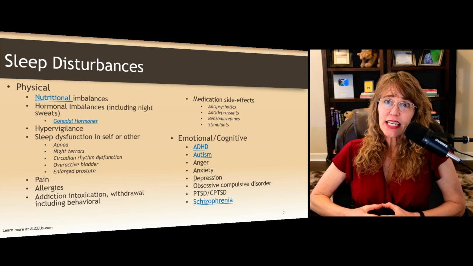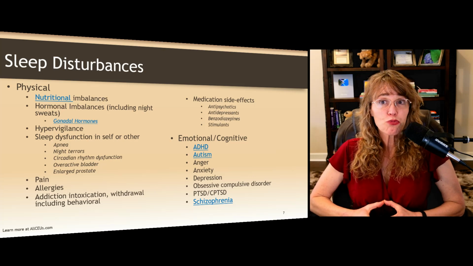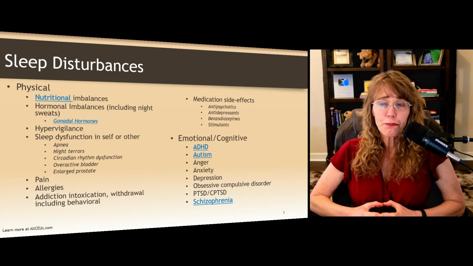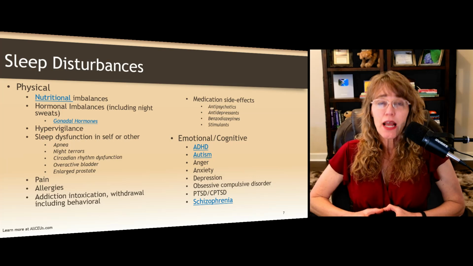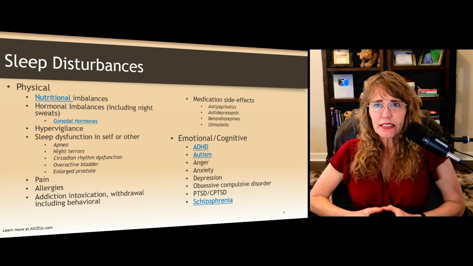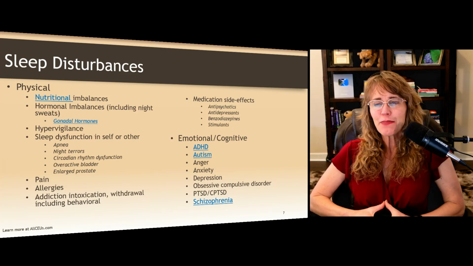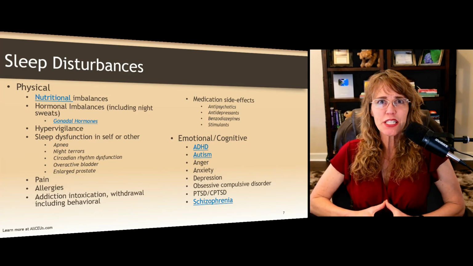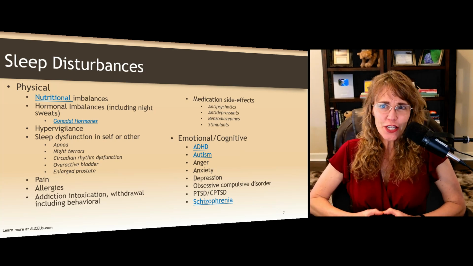PTSD, CPTSD, because they're hypervigilant, may cause disrupted sleep, and because people with PTSD or CPTSD may have night terrors, that may also contribute. And schizophrenia. Research has shown, medicated or unmedicated, a lot of people with schizophrenia have sleep disturbances. So we need to pay attention to those things.